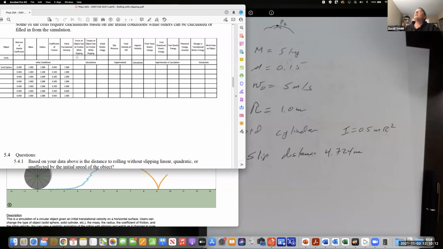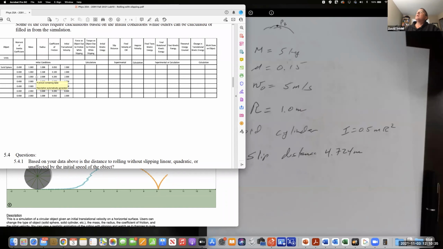So here I have mu. Okay, I have mu mg. Here's mu, here's m, and you know g. The torque is mgr. Here's the radius. The initial kinetic energy is 1/2 mv squared.